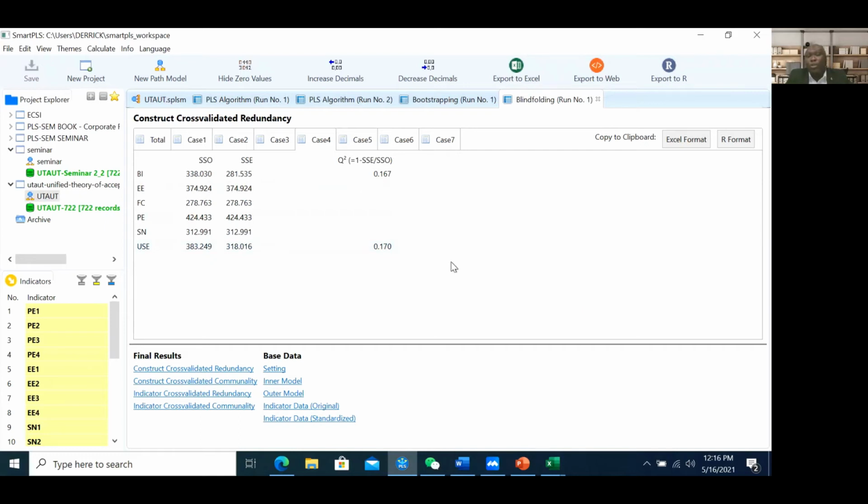So this is the good thing about SmartPLS. Every report, whatever you need, you just need to know what you want. From the report, you can get it straight. You don't need to go and do any computation apart from the Q squared, the small q squared.